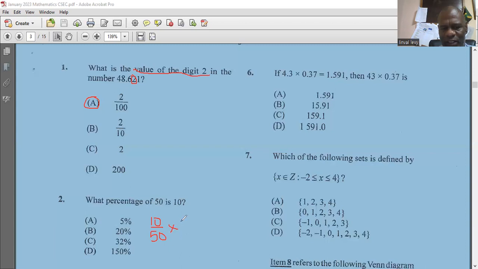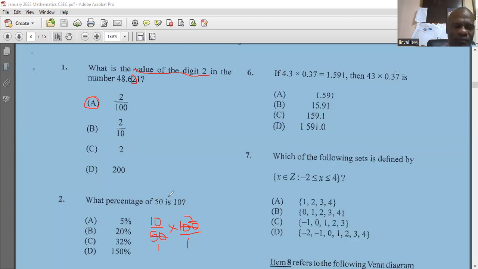Now we can put the 100 over 1 to make them both fractions. So 50 into itself is 1, then 50 into 100 is 2. And then we say 10 times 2 is 20. So our answer will be 20.